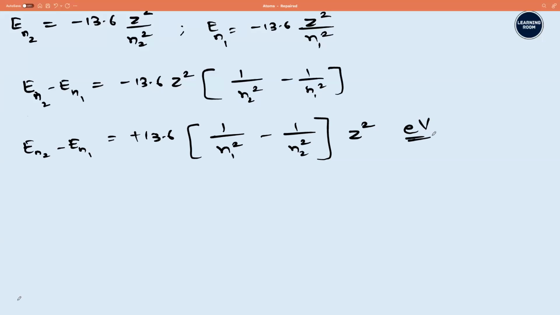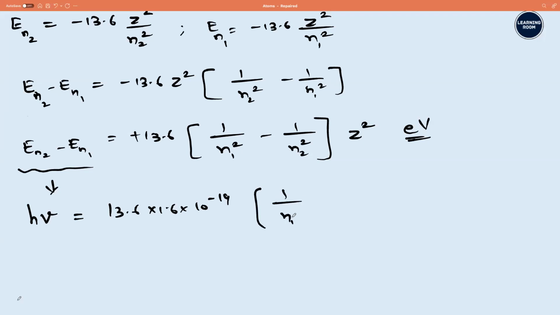So 1 electron volt you convert to joule by multiplying with 1.6 into 10 power minus 19. According to quantization condition, En2 minus En1 can be written as h nu. So h nu is equal to 13.6 into 1.6 into 10 power minus 19 into 1 by n1 square minus 1 by n2 square into Z square.